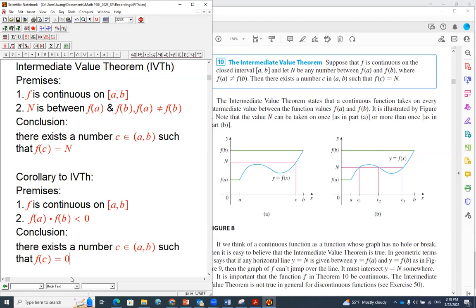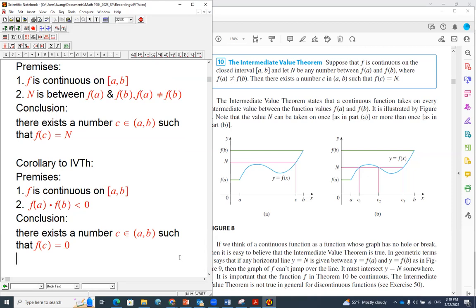This guarantees that there will be an input c from this interval such that f of c is equal to 0. This theorem is very useful because it helps us find the roots of functions, the solutions to equations. That's why this latter theorem, the corollary, is more commonly used.